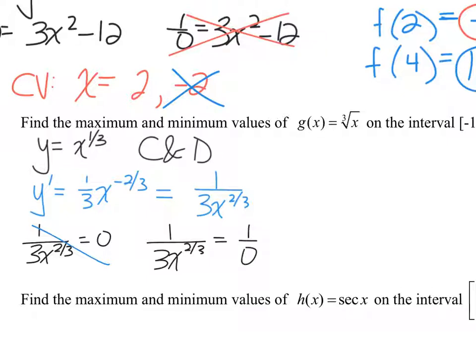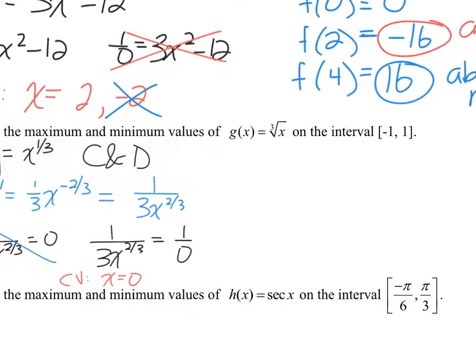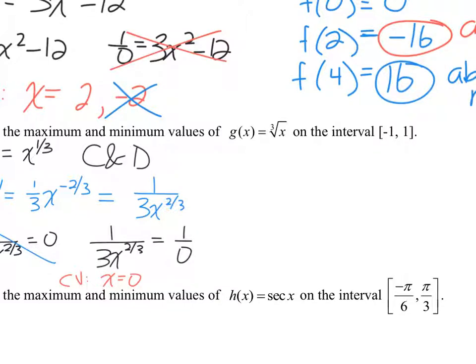If you set the denominator equal to 0, you do get a critical value of x equals 0, which does fall within the interval. So we would do f of -1, f of 0, and f of 1.